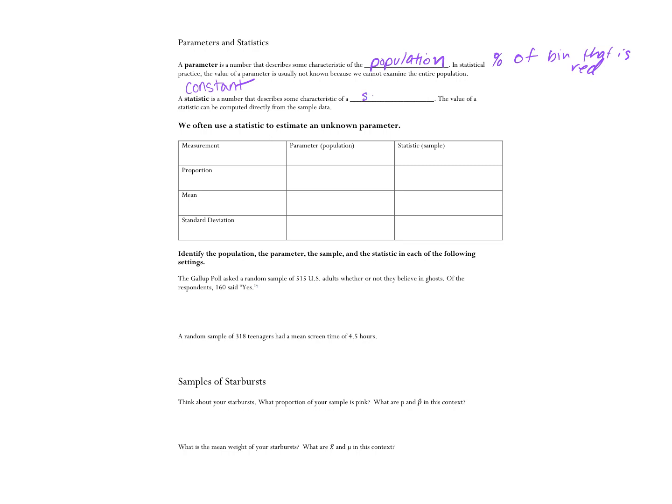Statistics describe that exact same characteristic of a sample. So, for instance, the percent of the sample that is red. And you guys, statistics are a variable. They change depending on the sample.